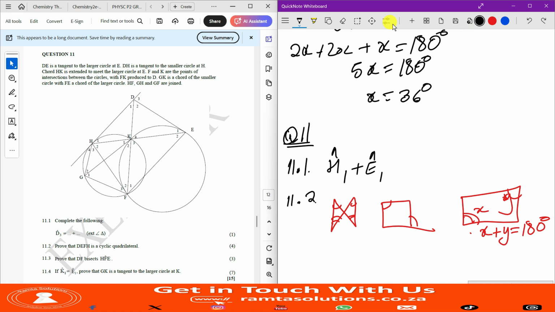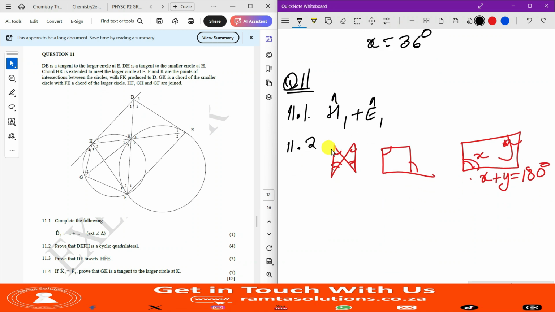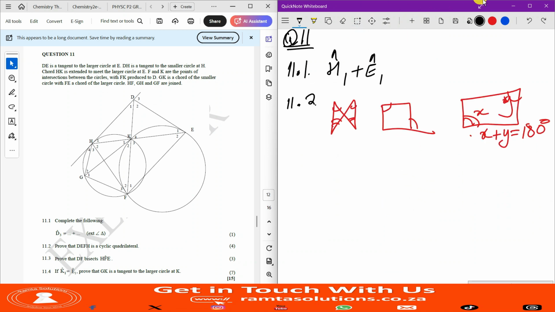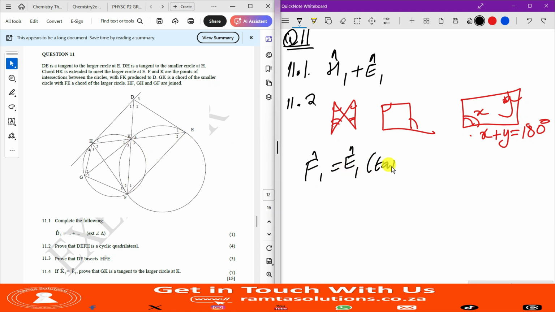So with what I am seeing here, I do see that angle F1 is equal to angle E1. It's this one here. Reason is tan chord theorem.